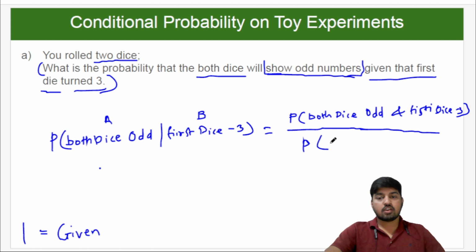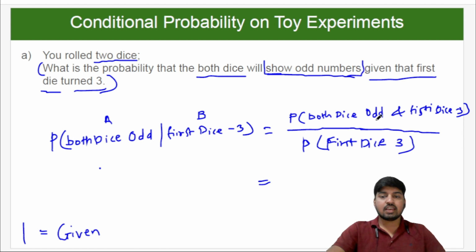It is the probability of the first dice getting 3. Now we will calculate each event.